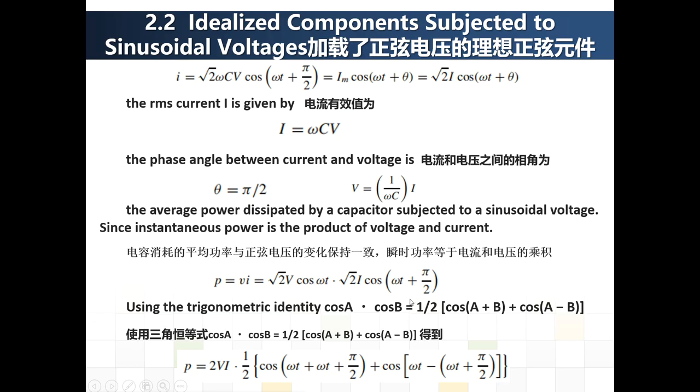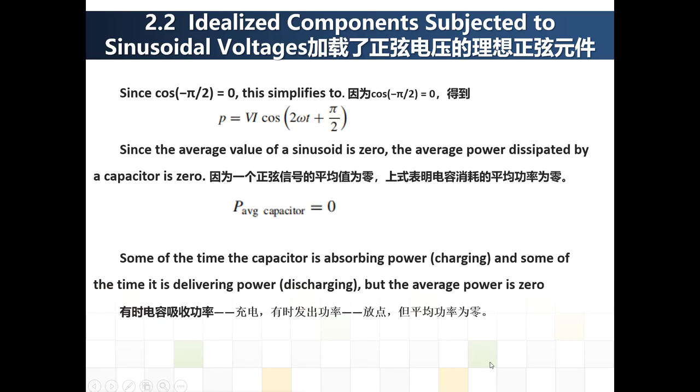By using a trigonometric identity, we obtain P is equal to 2VI multiplied by 1/2 of the cosine of omega t plus 90 degrees plus omega t, plus the cosine of omega t minus omega t plus 90 degrees. Since the cosine of minus 90 degrees is equal to 0, the instantaneous P is equal to VI cosine 2 omega t plus 90 degrees.